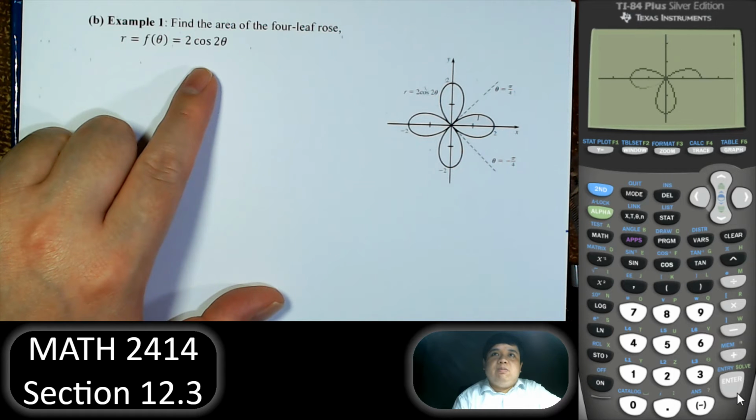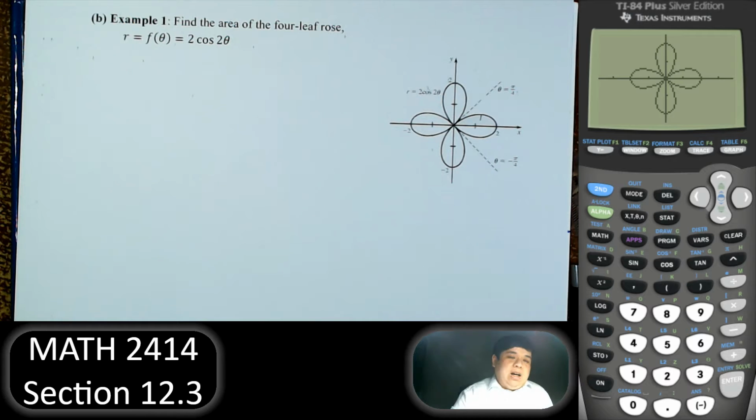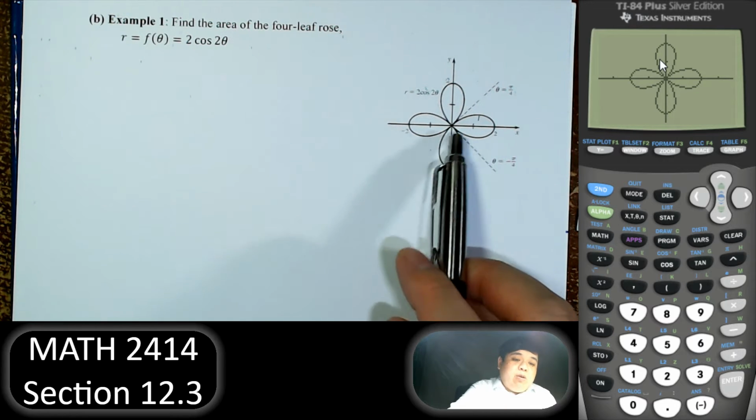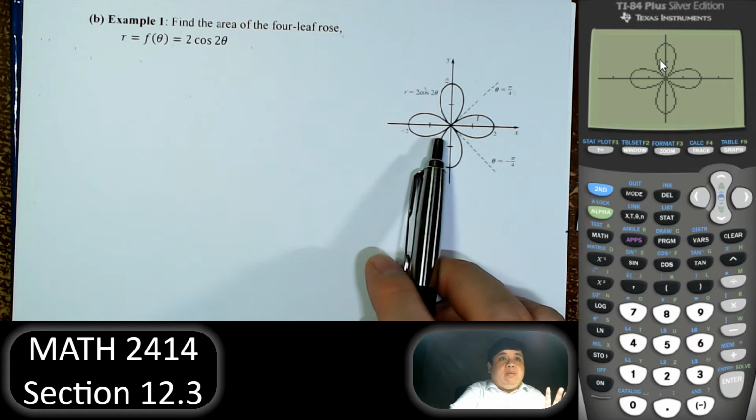How about we make that look like a square? The increment on the x and y are the same, so that's why we have that rule. So we try to find the area of the whole thing here. If we want to find the area of the whole thing, this is the same as the area of one petal multiplied by 4, right?